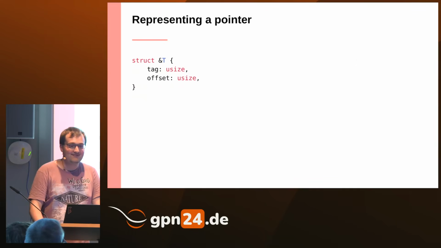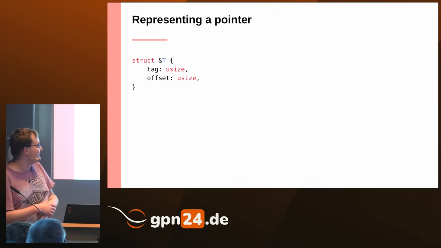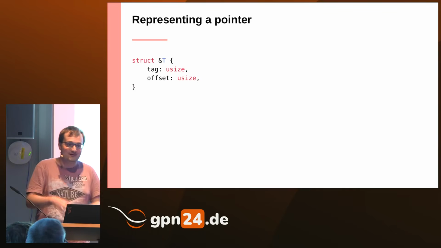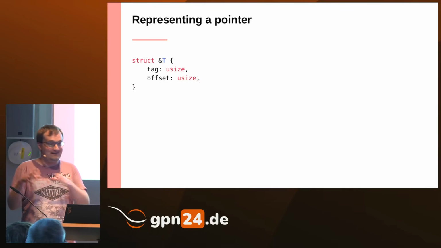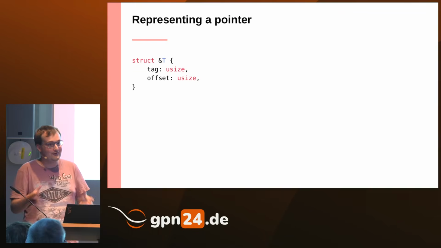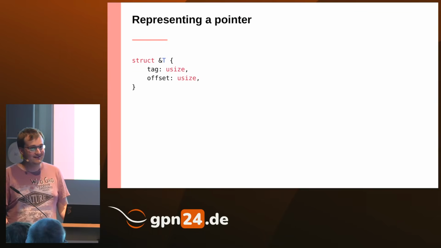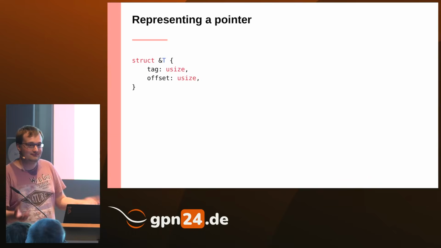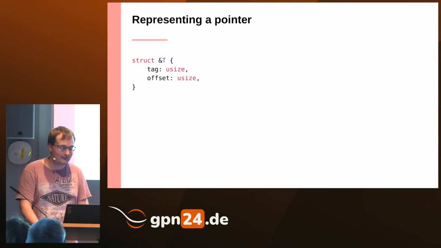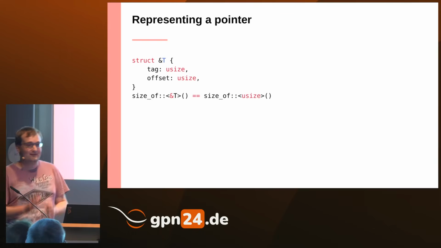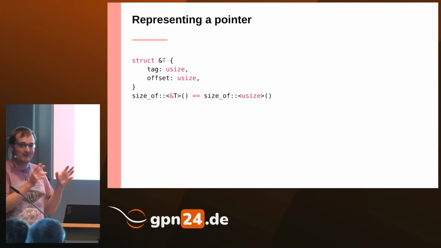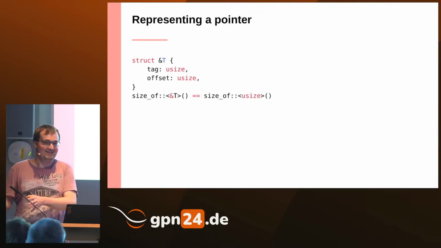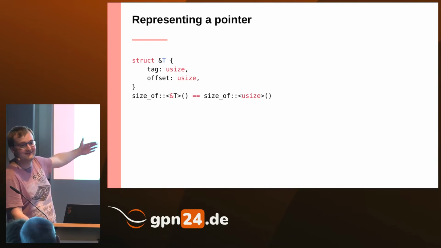This is a really interesting issue, because effectively our pointers have a tag and an offset. The offset needs to be usize, and the tag needs some bits. It could be usize, or something else. But also rustc assumes that the size of your pointer is usize. So you can see the problem.